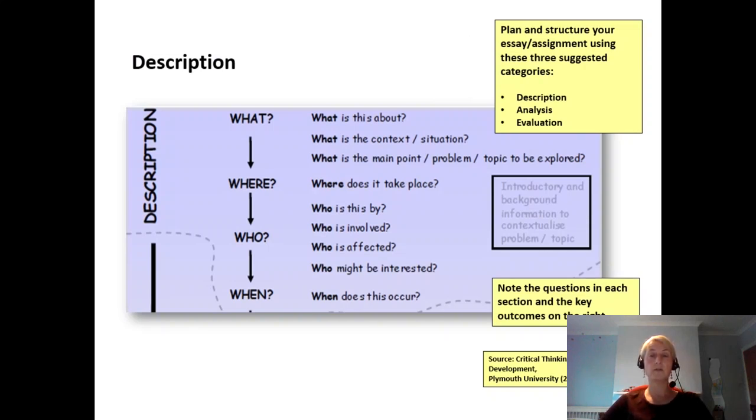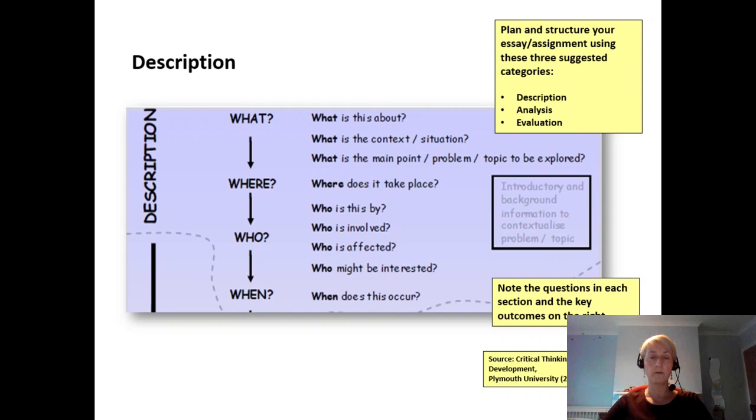Now you don't have to answer all of these questions, but when you're first introducing your topic within an assignment, you're looking at the context. What's the current situation, and what are the main points that I'm going to cover within this assignment? You're laying out the context for your reader, or for your supervisor or your lecturer.